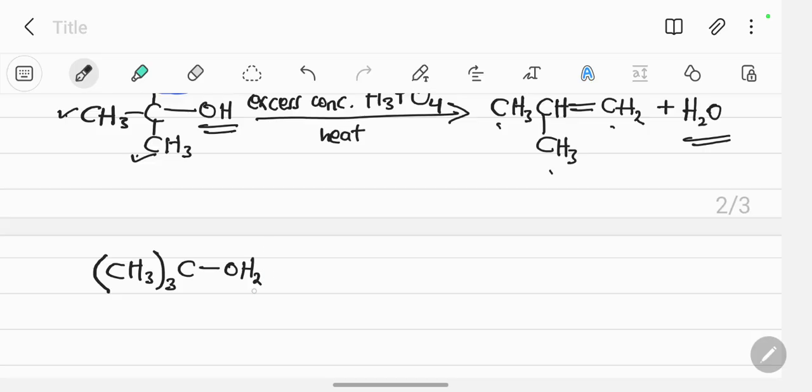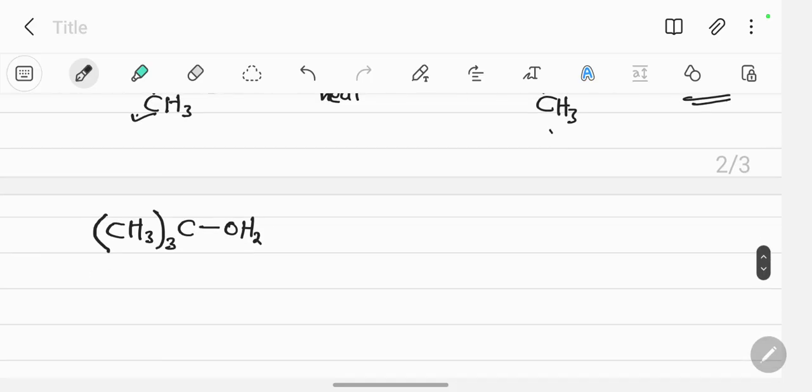Then this one is going to attack, because we have lone pairs of electrons there. It's going to attack one hydrogen that is bonded to the phosphoric acid.